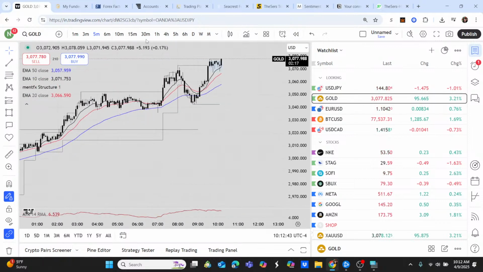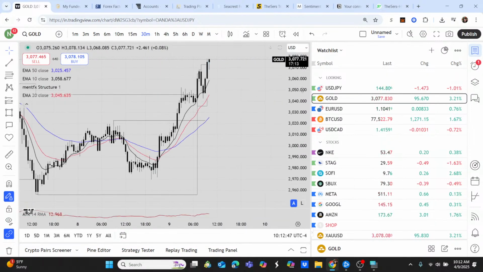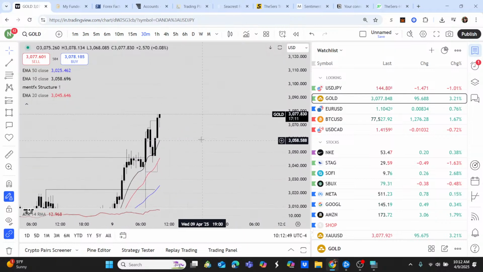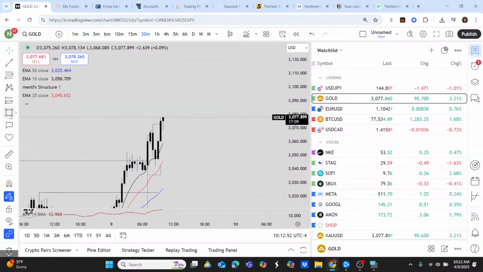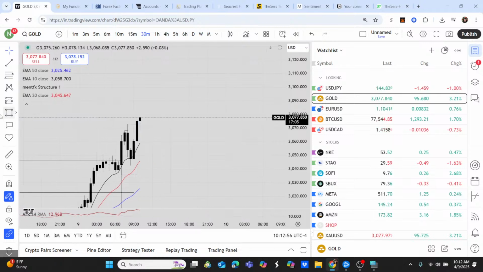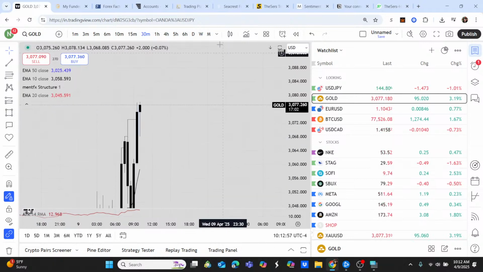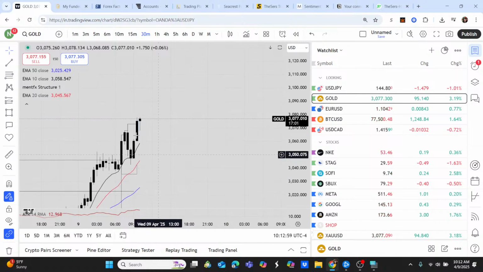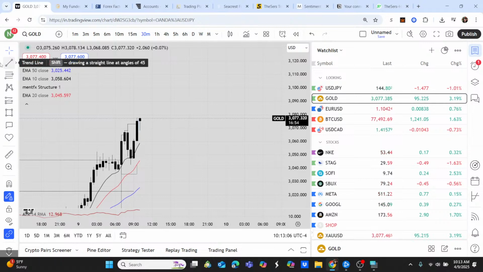Yep. So what I'm waiting for, the 30 minute has to move clearly. Basically, all I'm waiting for on the 30 minute time frame is for price to basically pause against either the 10 or the 20. That is it.